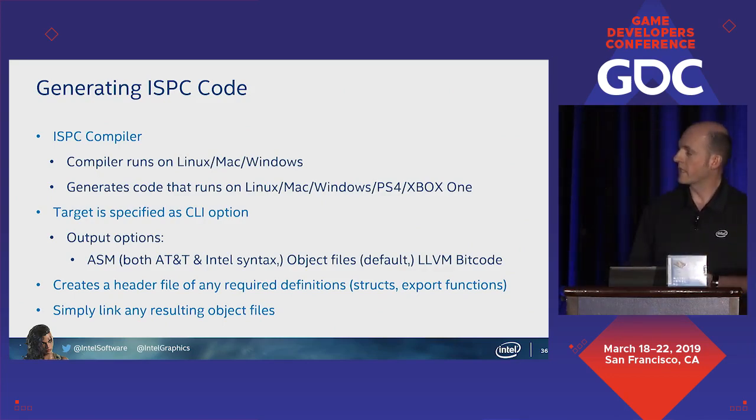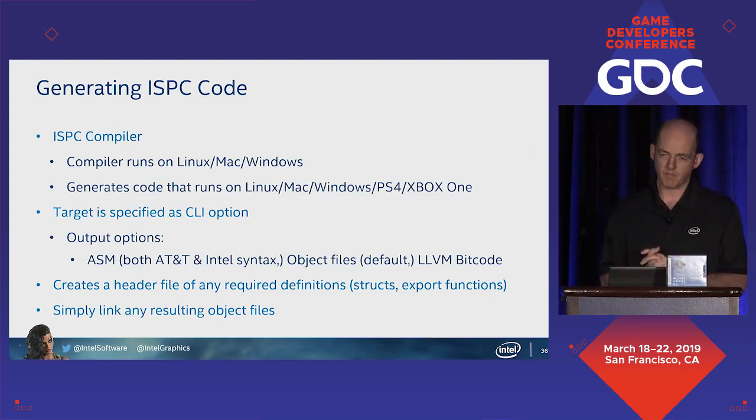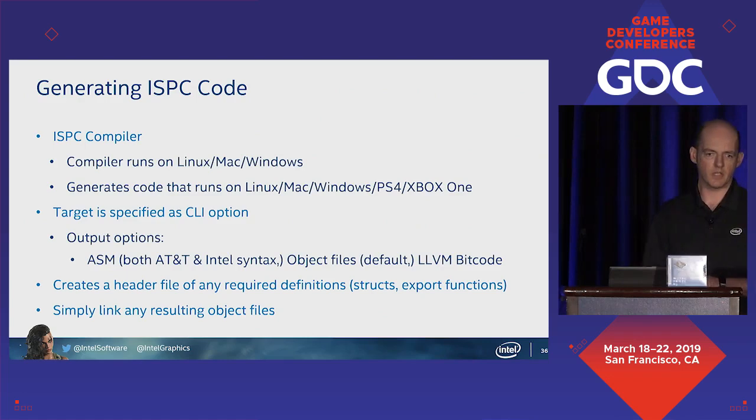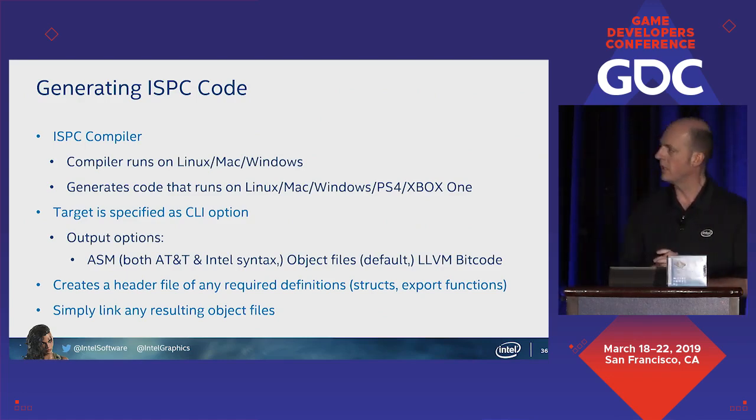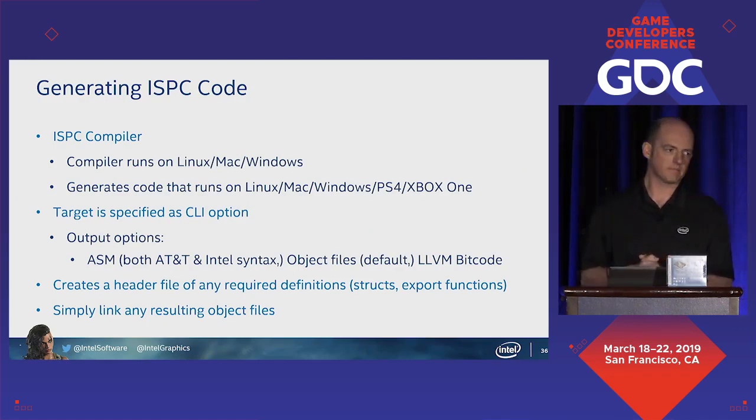So the target's command line interface option produces a few files for you. By default, you'll get a .o file, and this contains obviously the meat of what's going on here. That's the actual code. There's also a header file which gets output. One of the things that we didn't mention is ISPC is a very, very lightweight framework. Some people might be used to using OpenCL to try and target the CPU and get the most out of it. OpenCL is a good language, it's a good API, but it's very heavyweight.